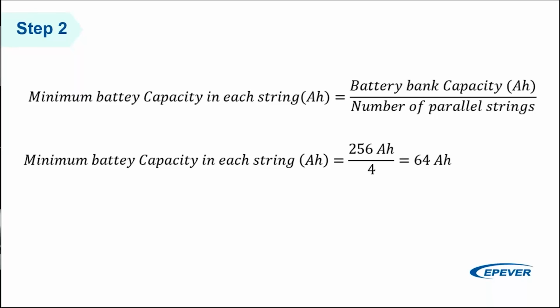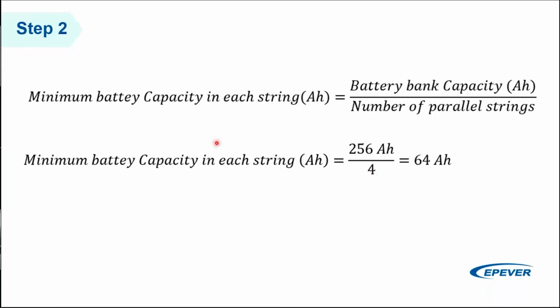The minimum battery capacity in each string is the battery bank capacity divided by the number of parallel strings. I know that I'm using a 48 volt system, and based on my knowledge about batteries, I know that I can put 4 of them in parallel together.